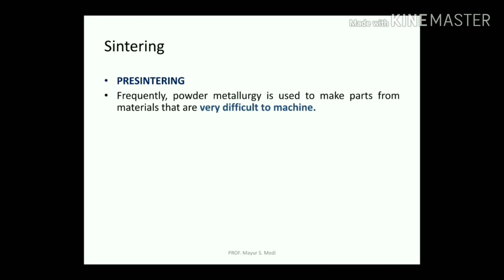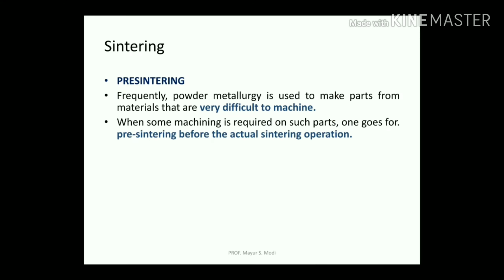Frequently, powder metallurgy is used to make parts from materials that are very difficult to machine. When some machining is required on such a part, one goes for pre-sintering before the actual sintering operation. Generally, the pre-sintering operation is used for softening of the sintered component.